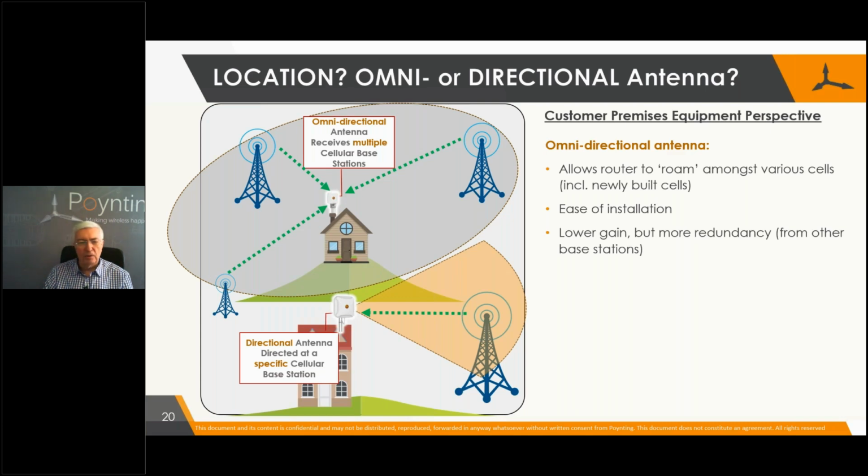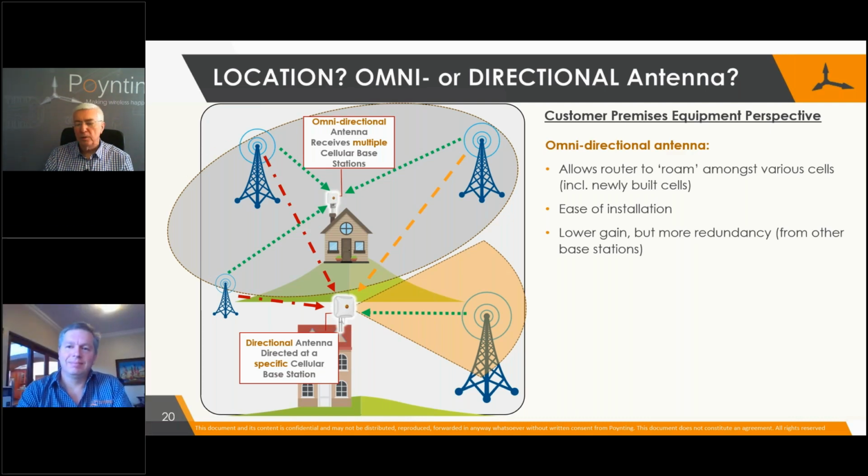As you can see on the graphic there, I'm receiving a signal from a particular tower, and I'm rejecting signals from other towers, simply because those signals, including noise, may be causing interference with the signal that I want to receive. Hence the reason for a directional antenna.